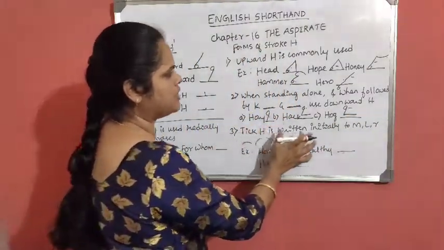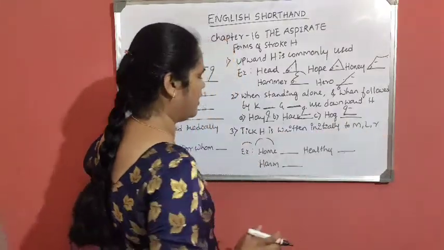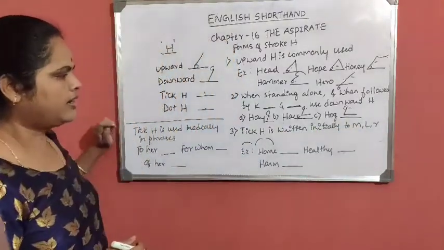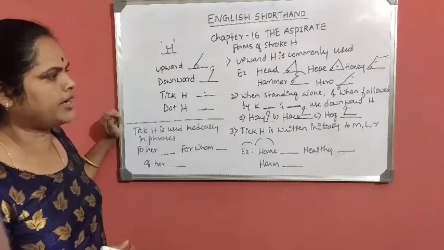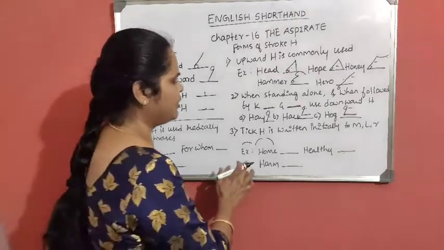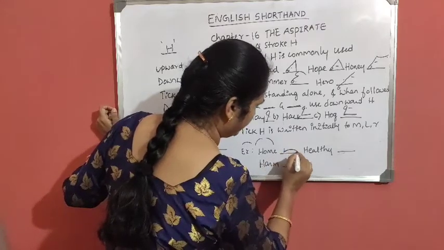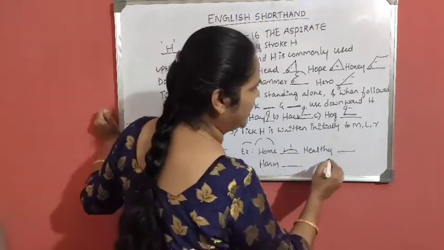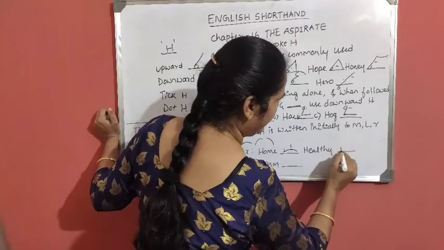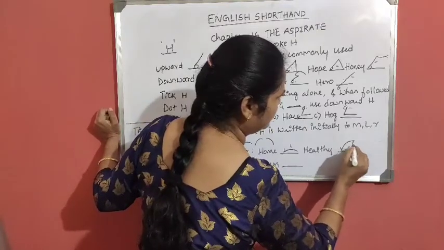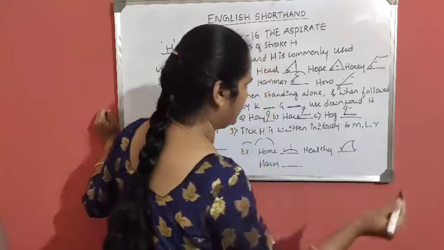Then tick H is written initially to M, L, R. When there is an H sound before M, L, R, at that time you have to use tick H, like this, tick H and M for home. And healthy, tick H, L, it. After it, E vowel.